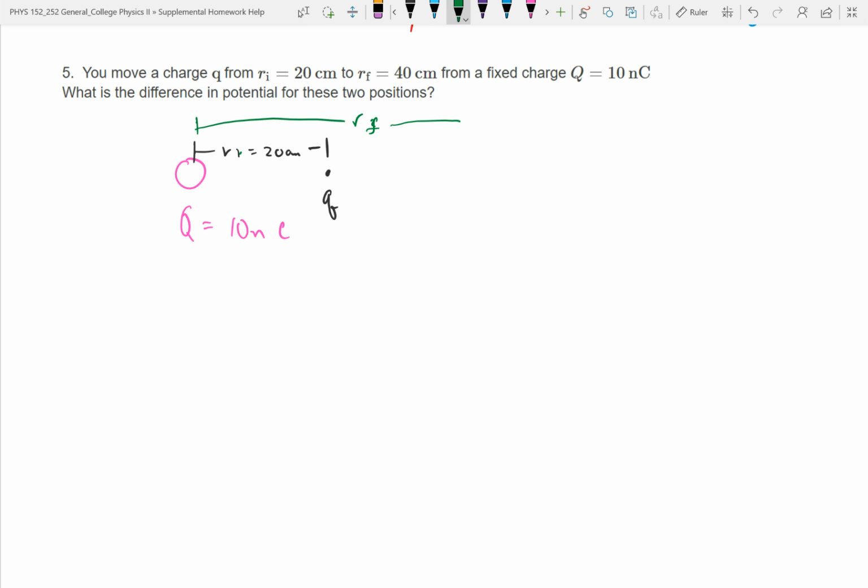Initial and final, my bad. So we go to that. We understand the layout? Okay, so how do I go about doing it? Tell me how to start.